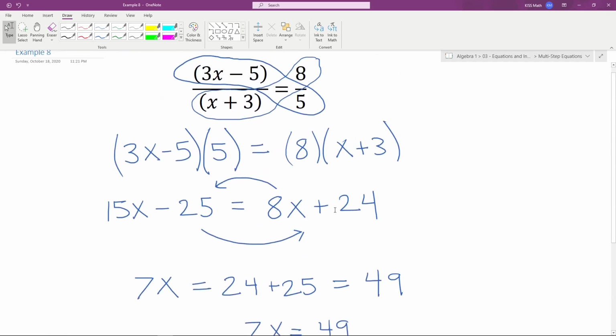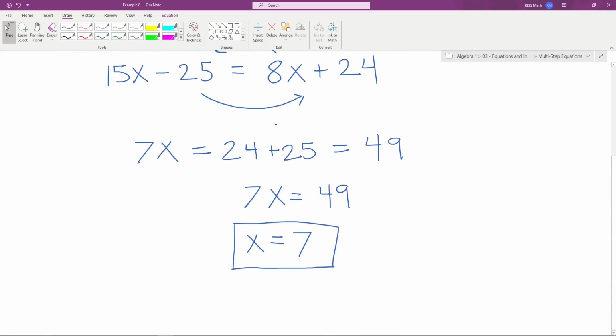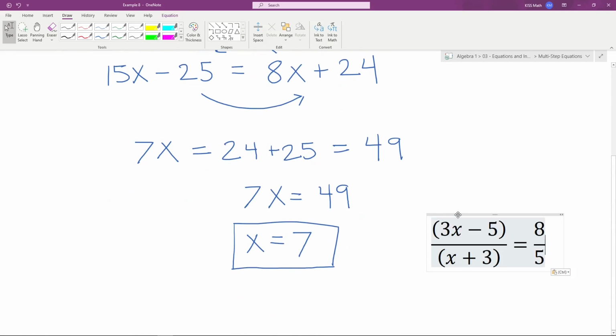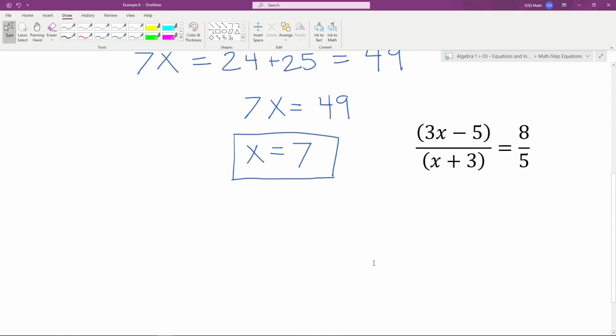Now let's go check that. So I'm going to copy this down here. And I'm going to plug in x equals 7 into the original equation. So let's do 3 times 7 minus 5. And this whole thing is in parentheses, right?